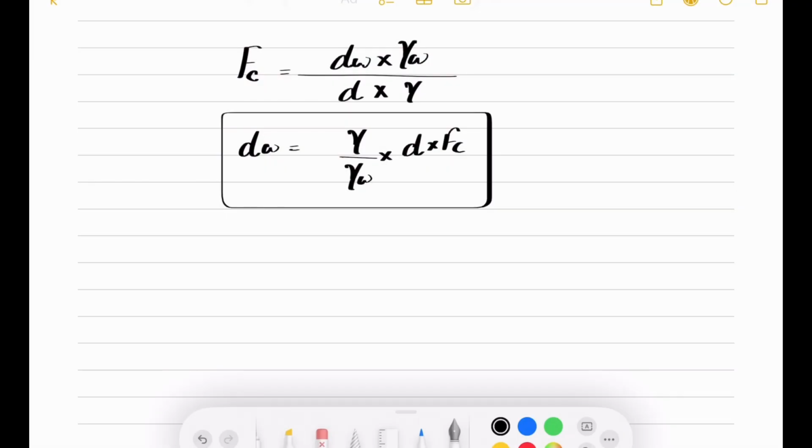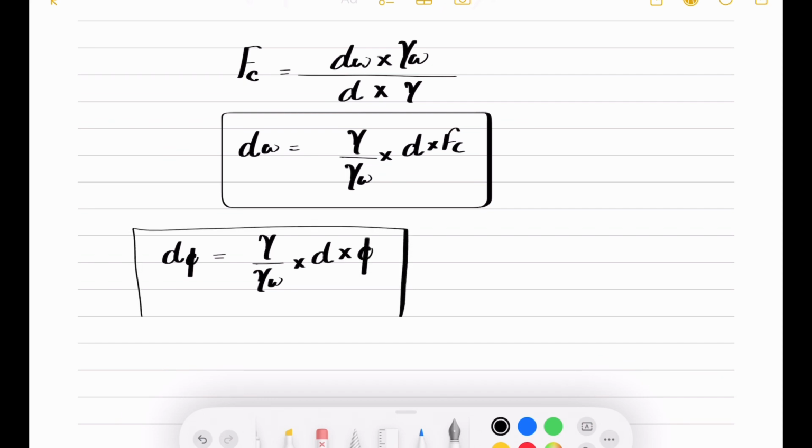Through the same expression, we can find out the depth of wilting point moisture content of the soil, and this will be gamma by gamma W into depth of root zone into the wilting point moisture content of the soil, right? So the depth up to which the wilting point moisture content lies, d phi, is equal to gamma by gamma W into d into phi.